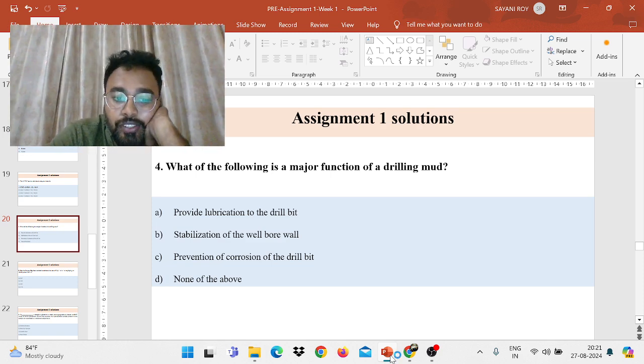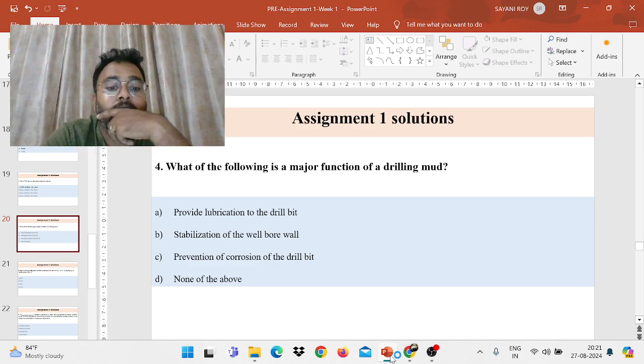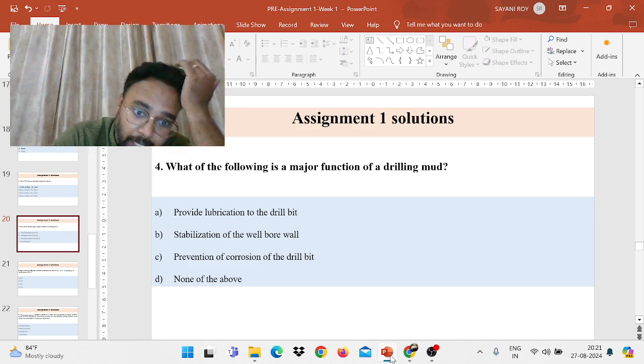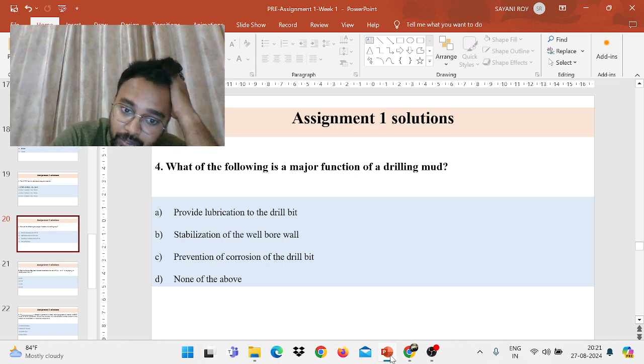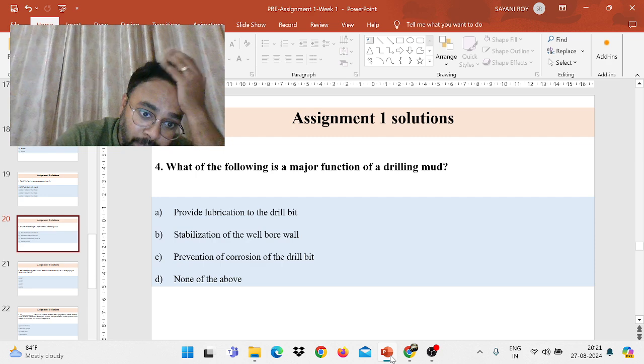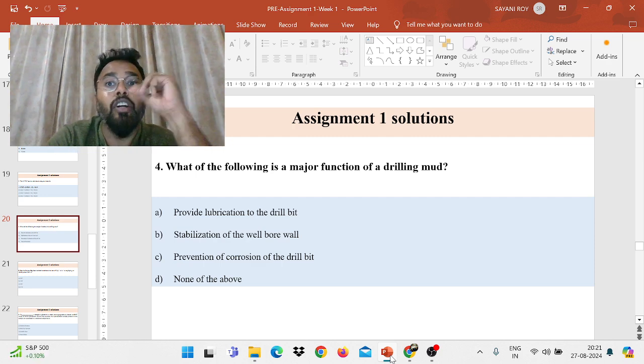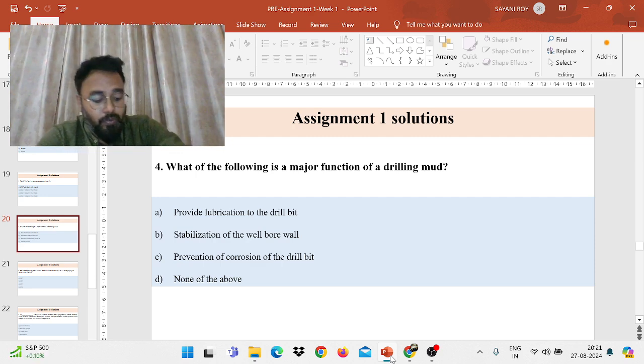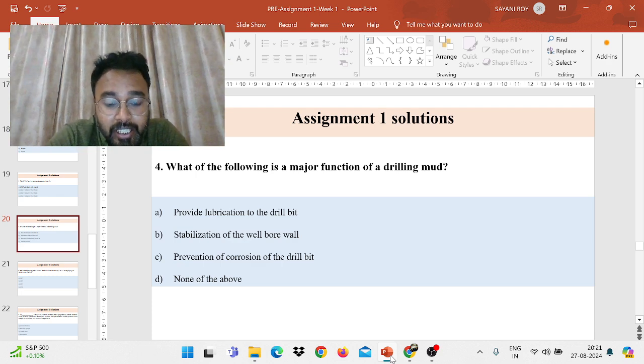Yes. Actually, see here what they have done. The correct answer given is stabilization of the wellbore wall, which is one of the main functions. Why is lubrication to the drill bit not given? Because the main function of drilling fluid is providing lubrication and corrosion control to the drill string, not actually the drill bit.